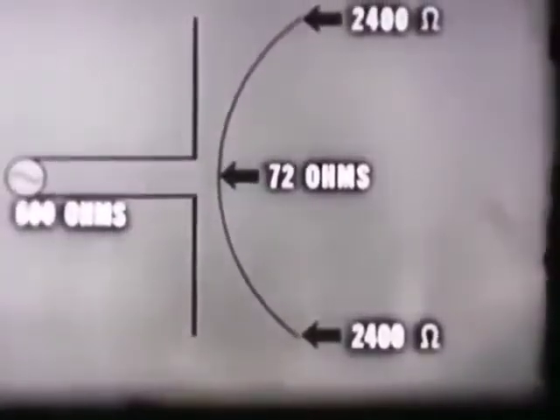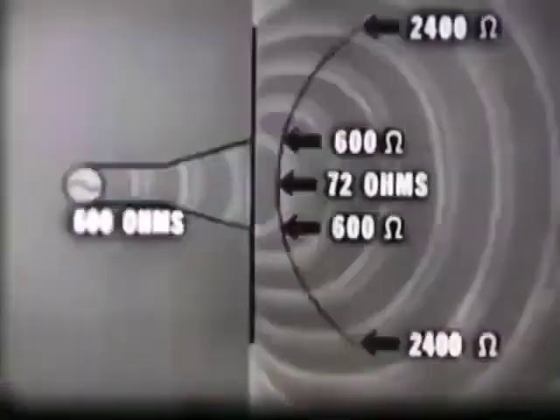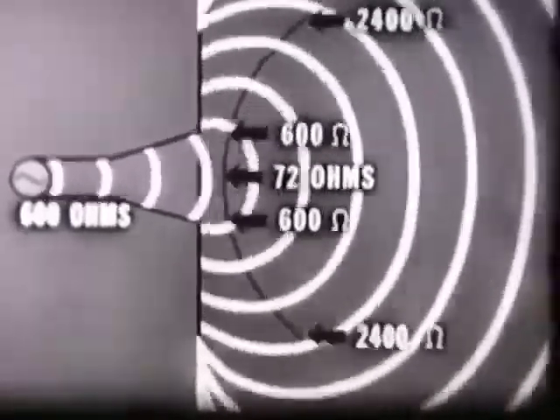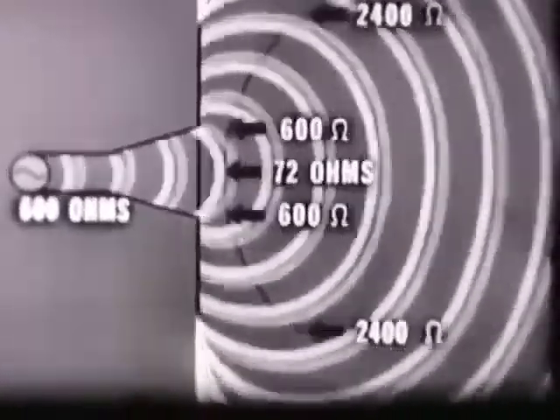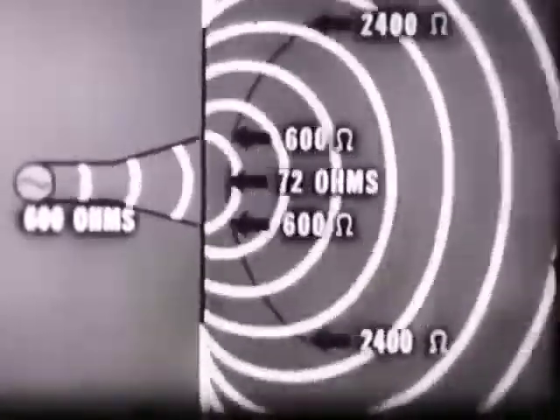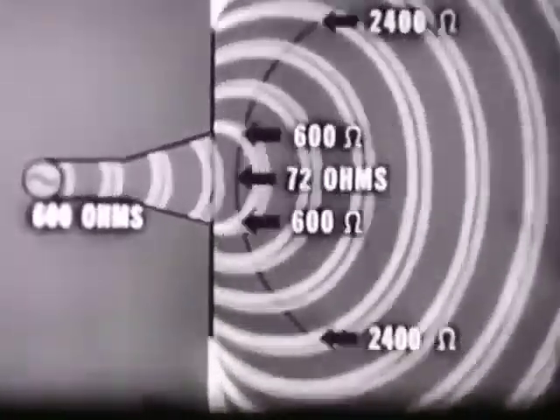To match impedance and thereby get maximum power transfer, we simply spread the ends of the conductors apart, connecting them at matching points of impedance on the antenna. Now there is no reflection. We get maximum power transfer, maximum radiation. This system of impedance matching is called the delta match.